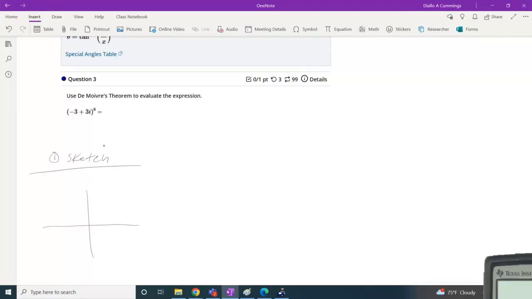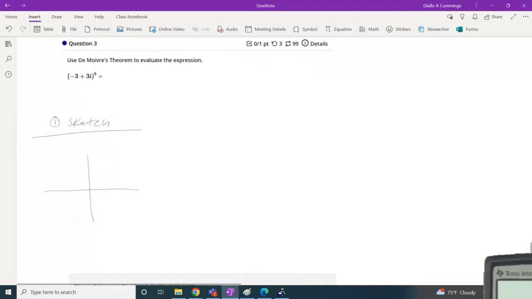So just remember, if you're in the first quadrant, both of your signs are positive. If you're in the second quadrant, your x variable is negative, the y variable is positive. If you're in the third quadrant, both x and y are negative. And if you're in the fourth quadrant, x is positive and y is negative.